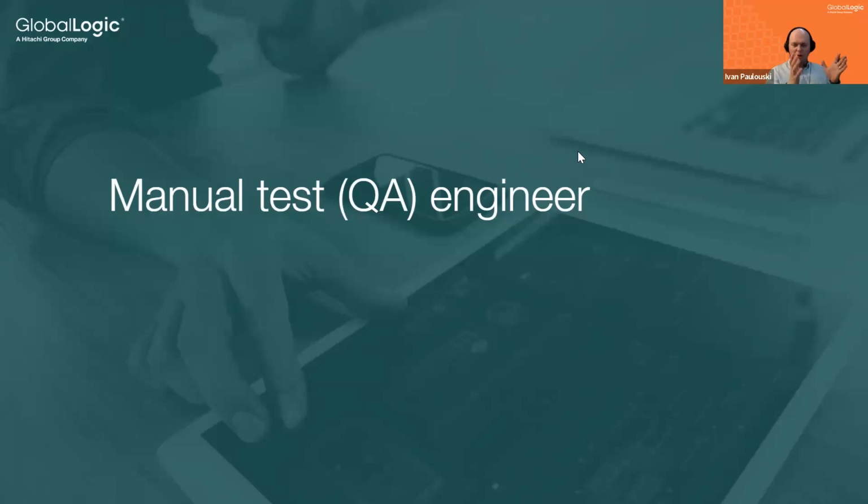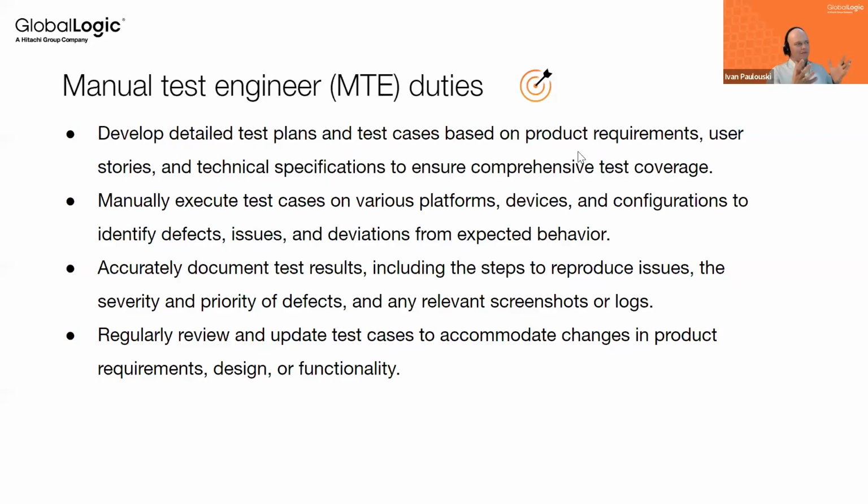So let's go to our essential main guy during the quality assurance activities. This is a manual test engineer. If we're speaking about the manual test engineer's duties, it is a question of project requirements.